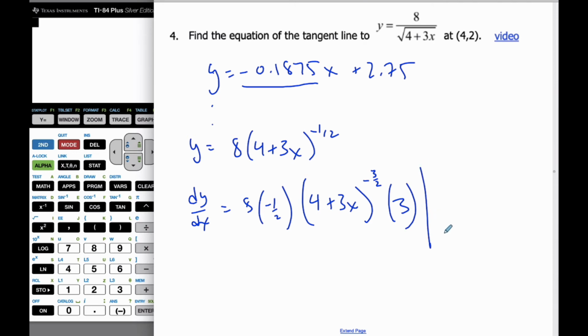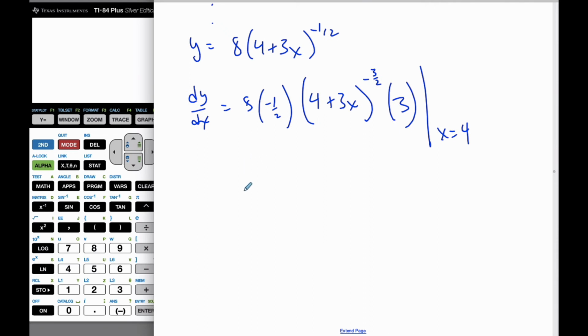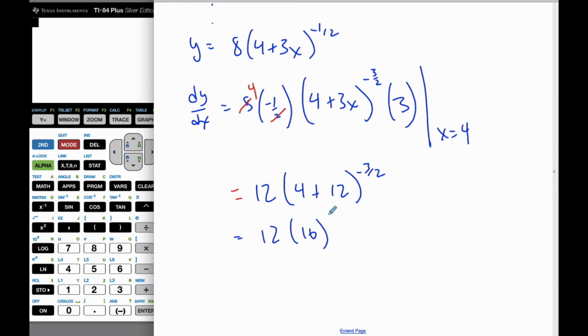And I want to find this when x is equal to 4 to find the slope. And if I simplify here with some arithmetic, I know this cancels, it gets 4. And so I can say that this is 12 here. And if I plug the 4 in, it's going to be 4 plus 3 times 4, to the power of negative 3/2, which is going to be 12 times 16 to the negative 3/2.